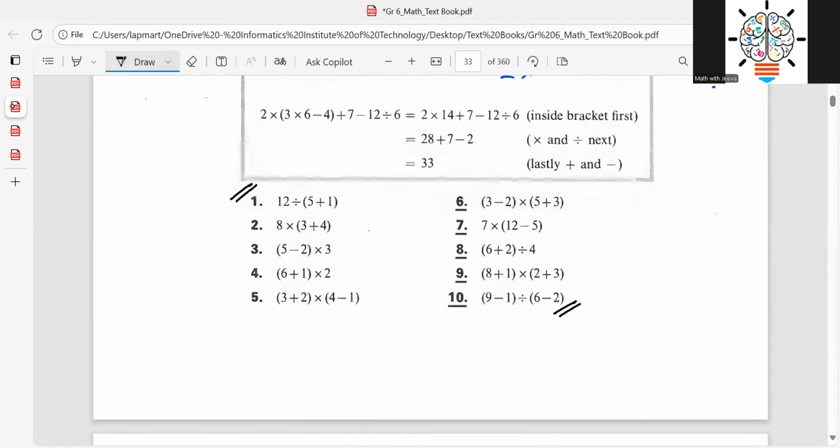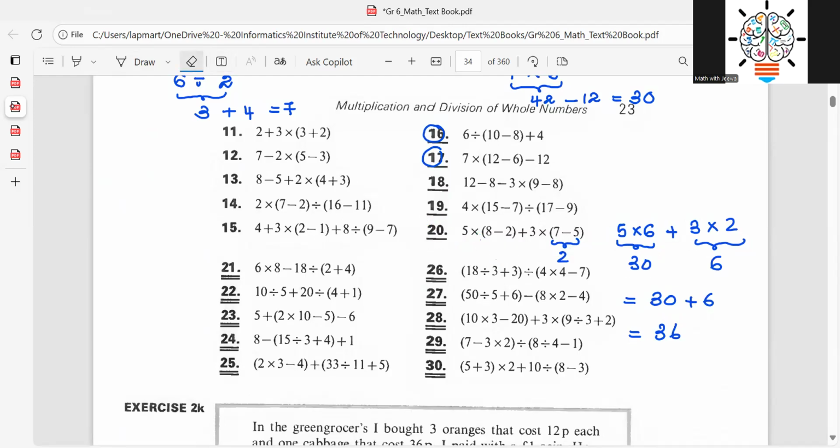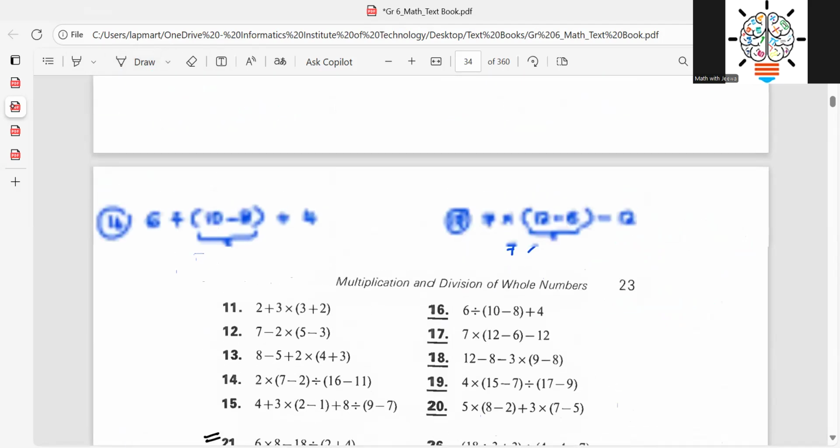You can do these 10 questions and wait, let me show you. The last 10 questions. I know it is difficult, but don't worry. So then you can do it step by step.